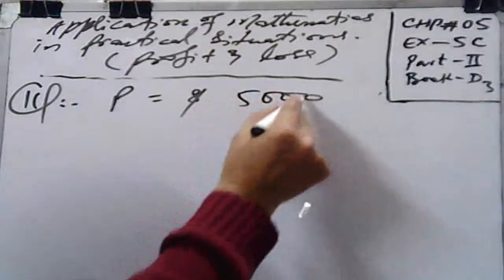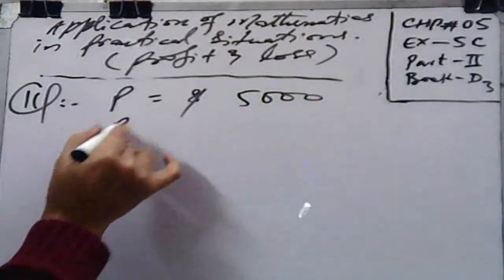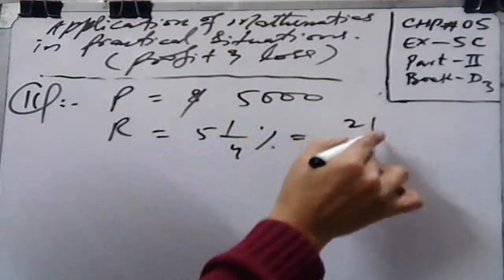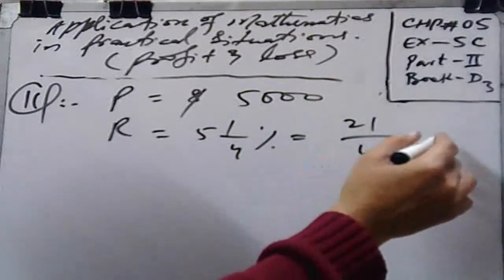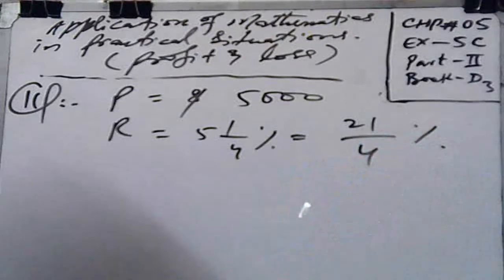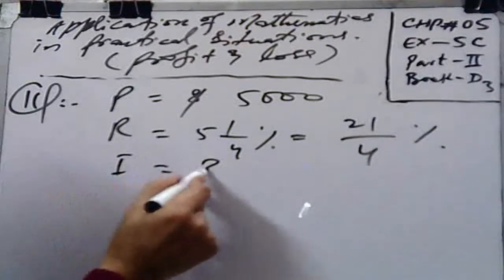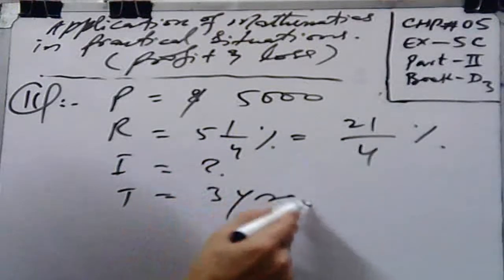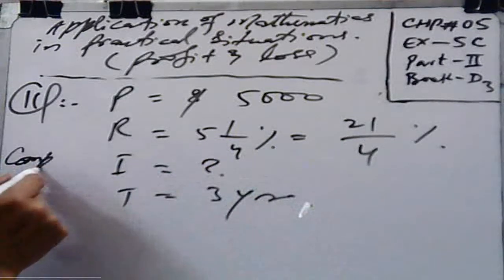The rate of interest is equal to 5 whole 1 by 4%, which can be written as 21 by 4% if you remove the whole number. Once again it is compound interest, and the time period given to us is 3 years.